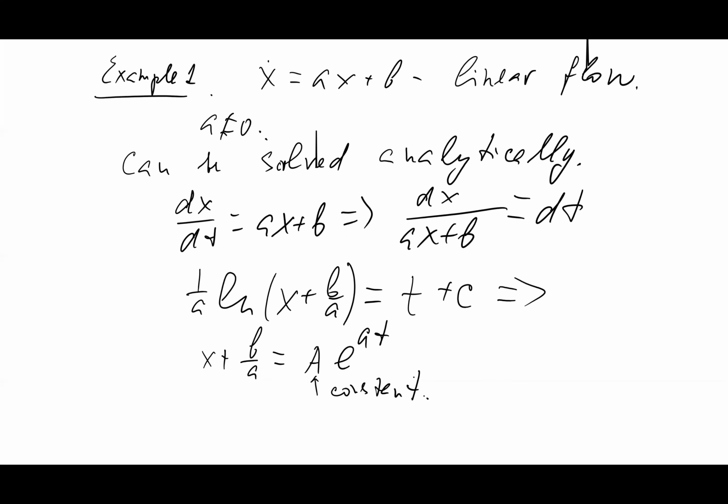At the end, we can find the constant if we supply initial conditions: x at t equal to 0 equals x naught.